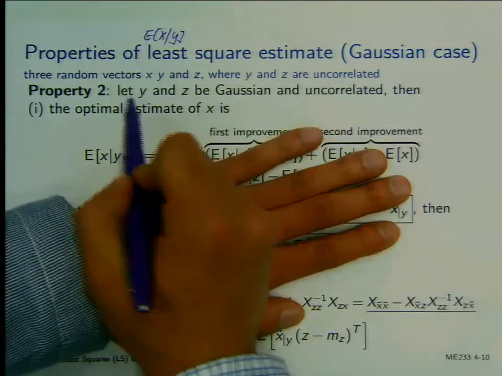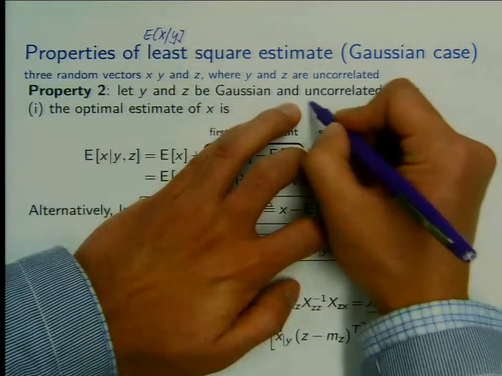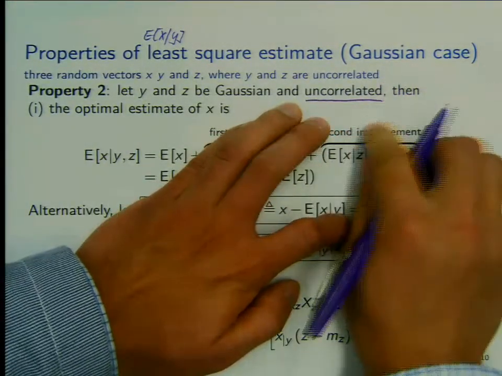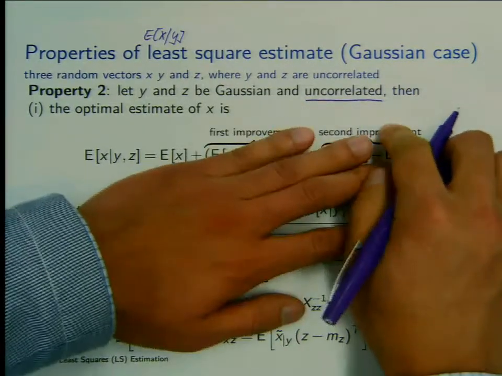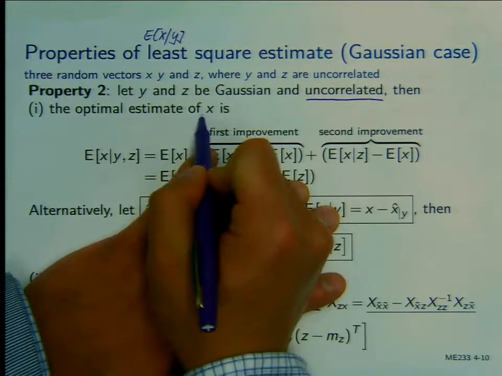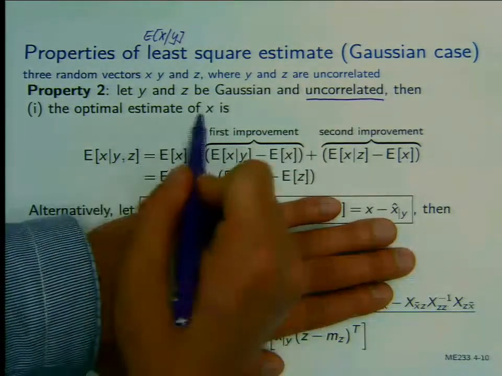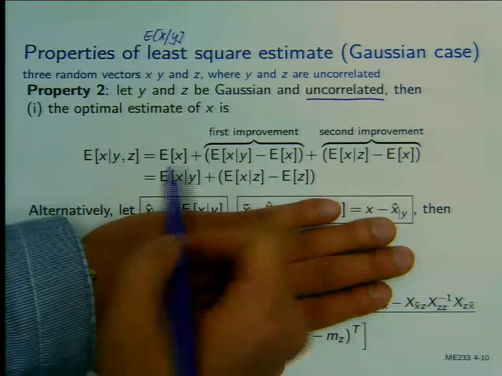So the full statement is like this: if y and z are Gaussian, and for the simplified case, if they are independent or uncorrelated, then we can still estimate x.